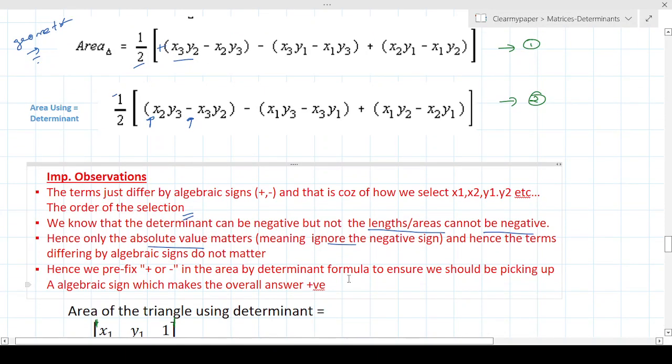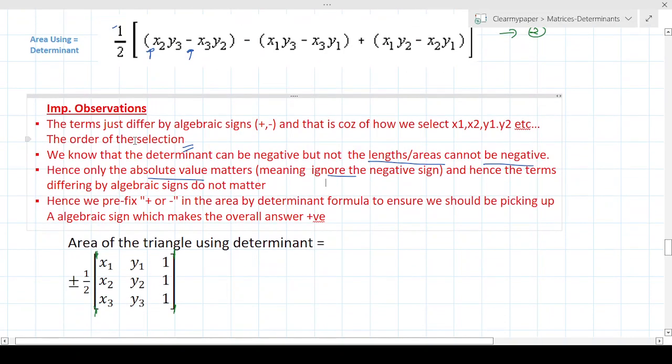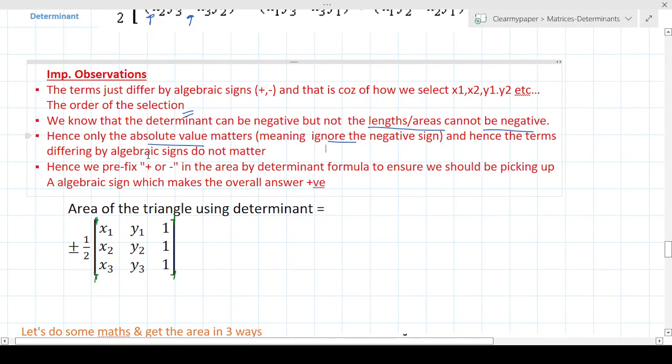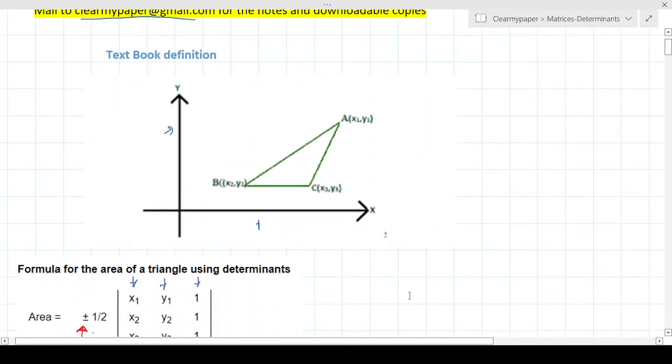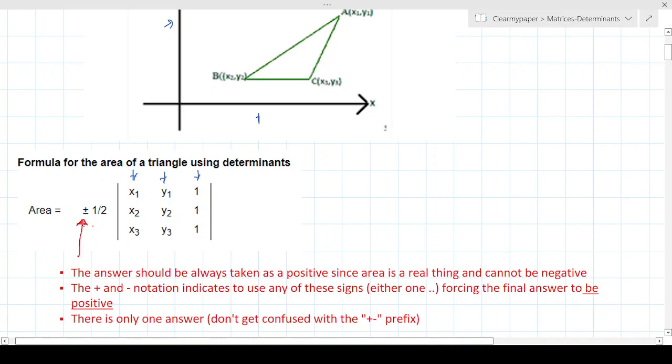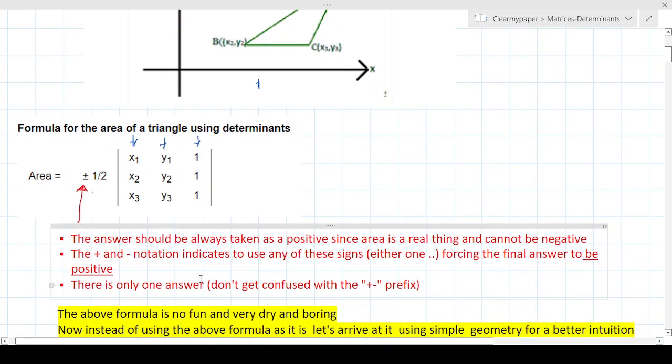And for that reason, if you see the textbook definition that was given in the beginning, till now I have not brought the plus or minus sign here, but they had put positive, negative here, and that's the reason I told you I'll come back to that at the end of this video. It is just telling you that after you compute the determinant, don't worry about the positive or negative sign for now, don't worry about the half also, we can compute it later.